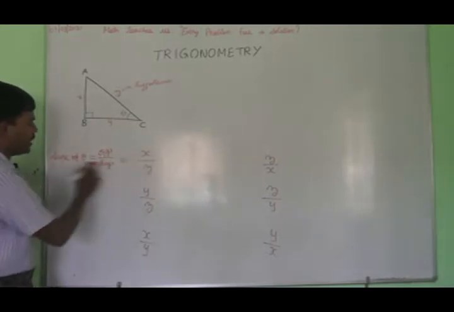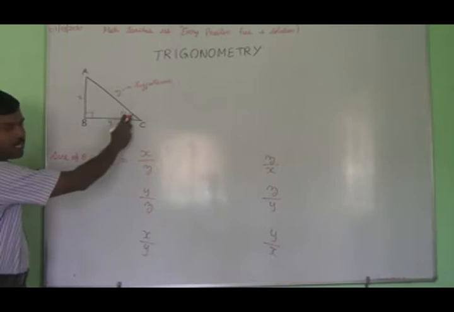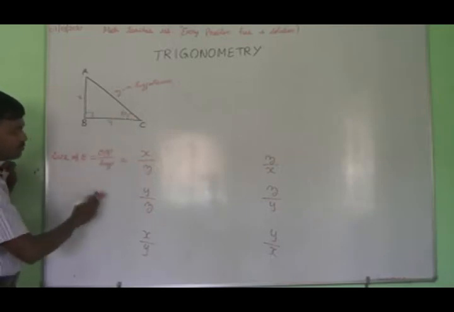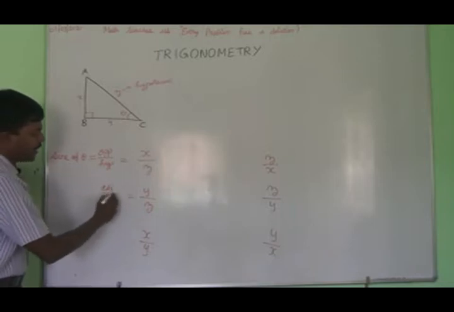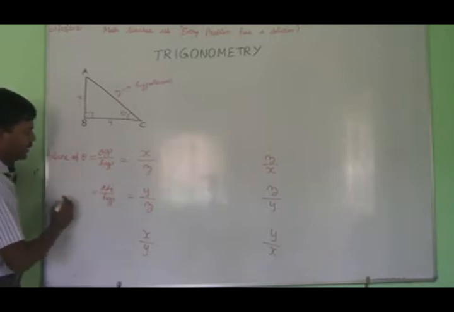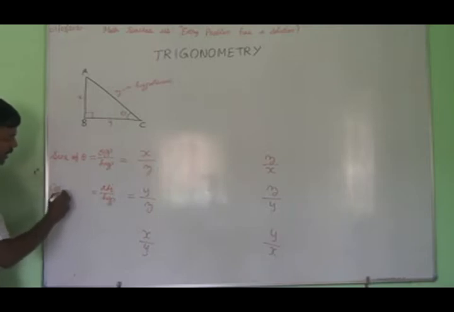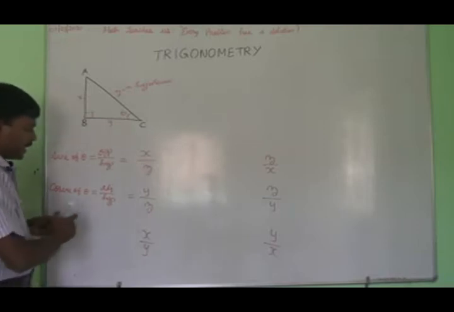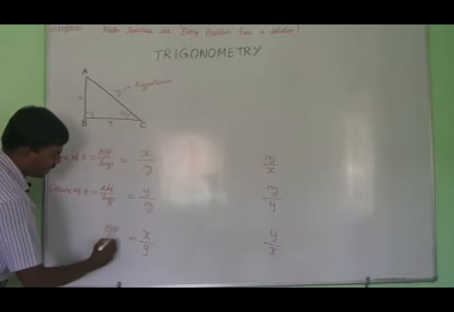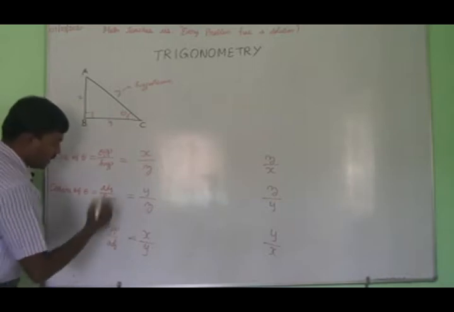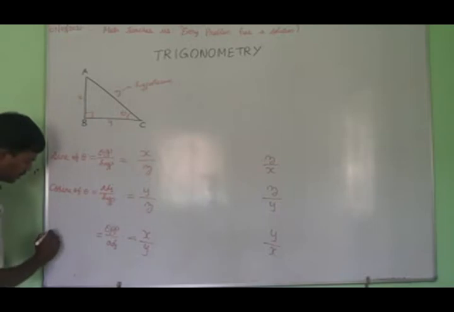Now this ratio y by z is nothing but the adjacent side by hypotenuse, and it is called the cosine of the angle theta. See the next one, x by y, it is nothing but the opposite side by adjacent side, and this ratio is called tangent of the angle theta.